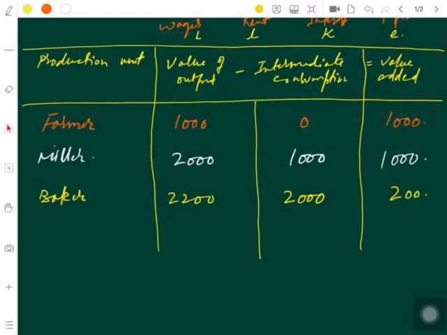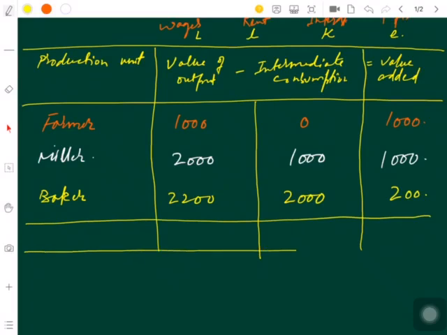This 1000 is value added by this farmer. This 1000 is again value added by this miller. This 200 is value added by this baker. Now we can say that there is a process taking place in this very economy. So let us make a total of all this. If we total this 1000 plus 2000 is 3000 plus 2000 is 5000 plus 200 is 5200 rupees.